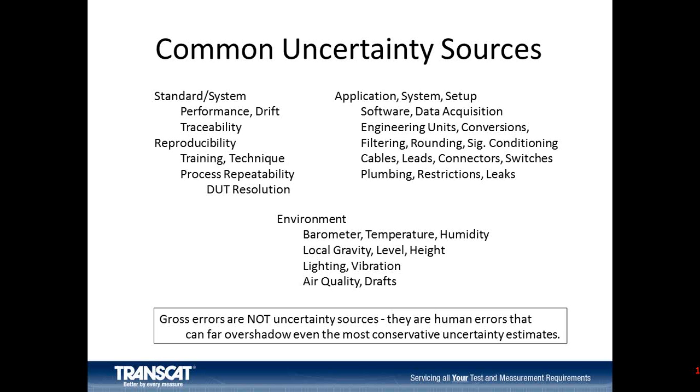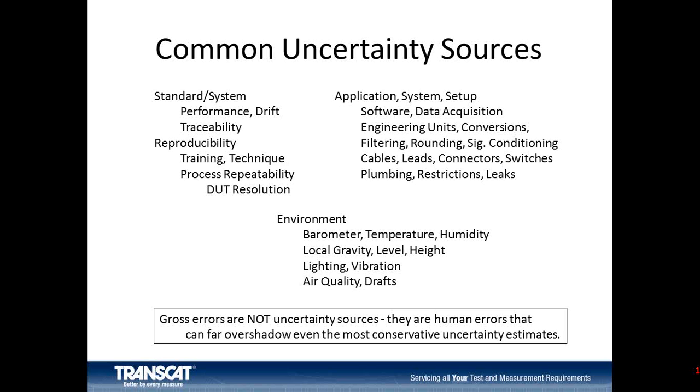Drift, traceability, those are the main things we've talked about so far. Below that is reproducibility. It's kind of the big brother of repeatability. That includes not just the repeatability of the measurement, but changing conditions or different technicians. And that's affected by training and technique, the equipment that you're using, and the resolution of the device under test.